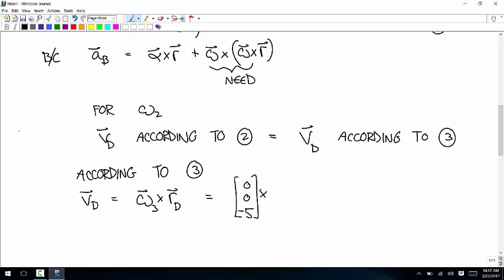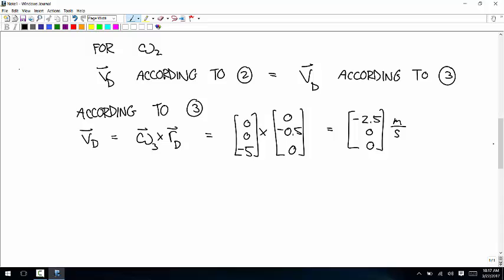That r vector is from the center of the circular motion to D, and the radius of that circle is 0.5, so that's 0, negative 0.5, 0. And so the velocity of D is negative 2.5, 0, 0. That's according to 3.